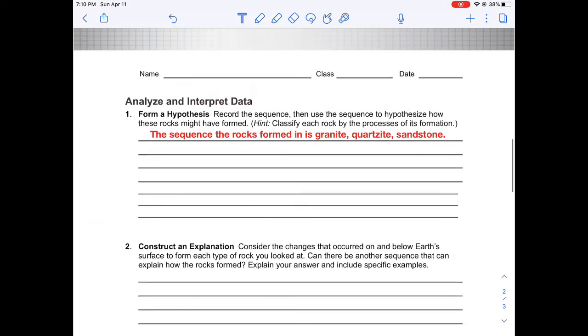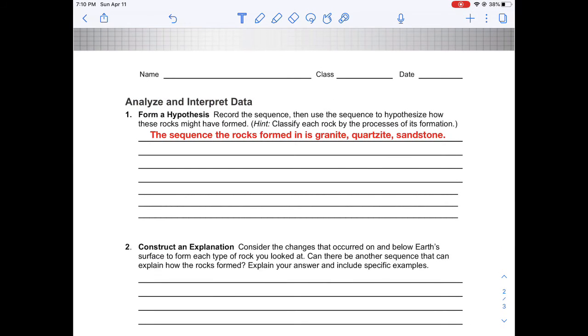And then it says, classify each rock by the processes of its formation. And it says, hypothesize how these rocks may have formed. So I'm going to talk about each of these three rocks.